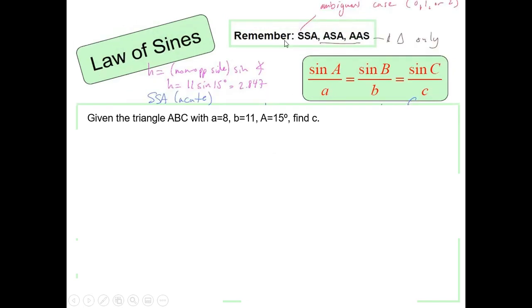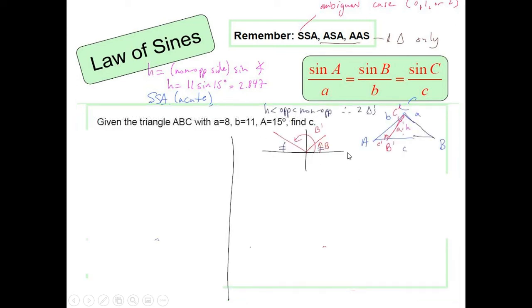What we have here is the ambiguous case of side-side-angle. So we don't know if we have 0 triangles, 1 triangle, or 2 triangles.